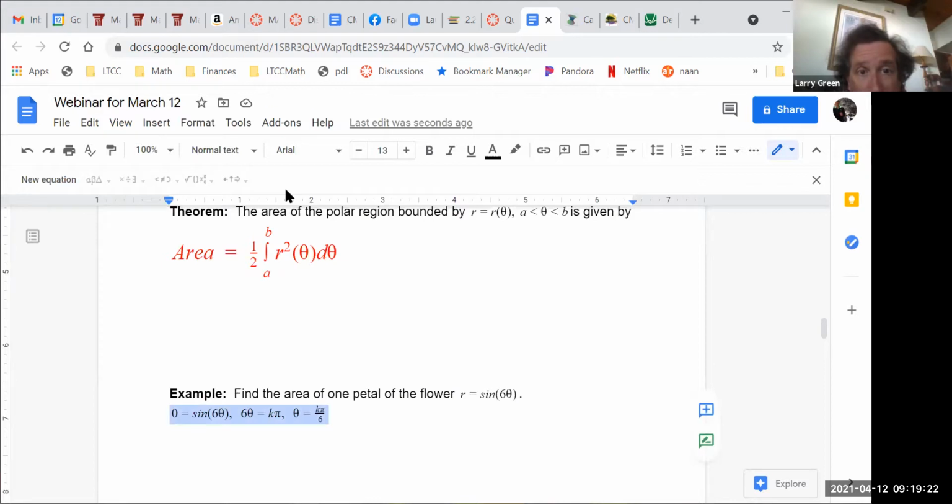And let me make it bigger so you can read it. There we go. Any questions on that bit of trig there? So once we have that, now we could pick any 2 consecutive values of k, and that'll get you a petal. Do you all agree with that? So what consecutive values of k would you like to pick?